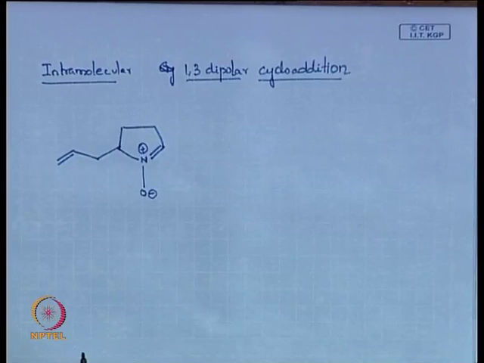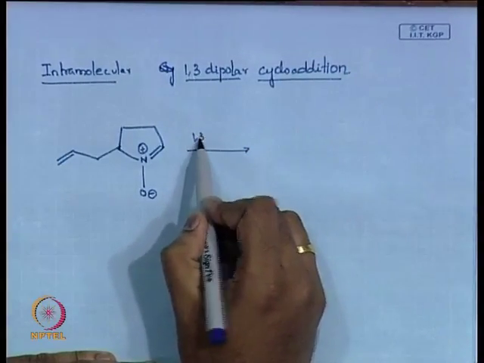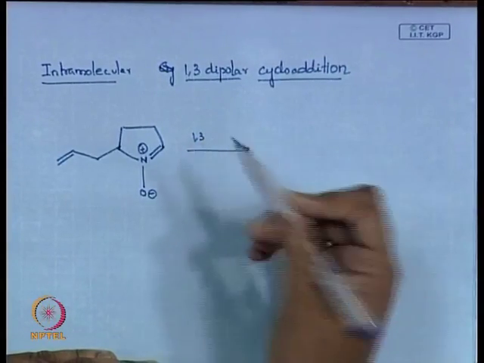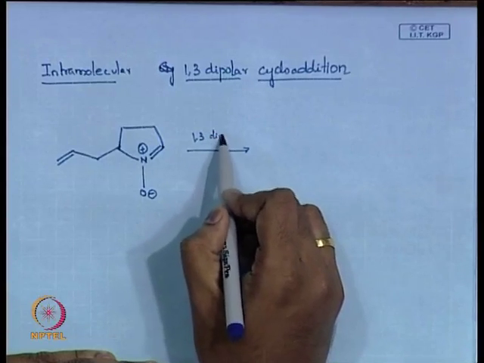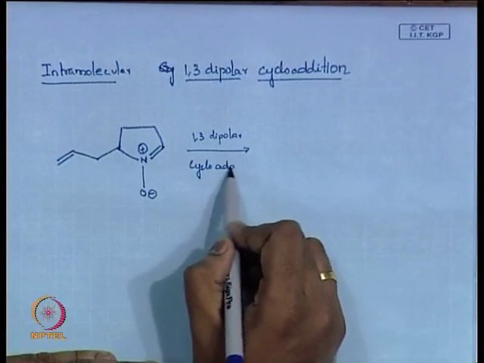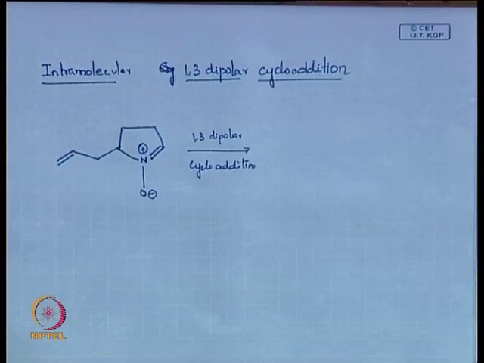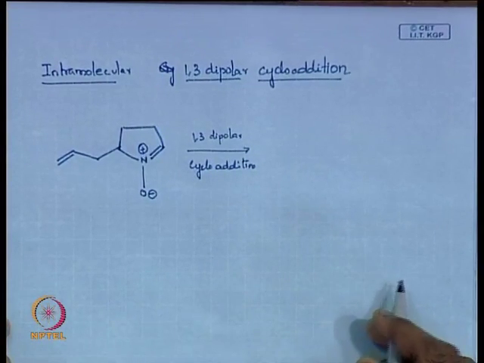So, a cyclic nitrone, right. Now, if I do a thermally activated reaction, you end up with a 1,3 dipolar cycloaddition. So, how does it happen?